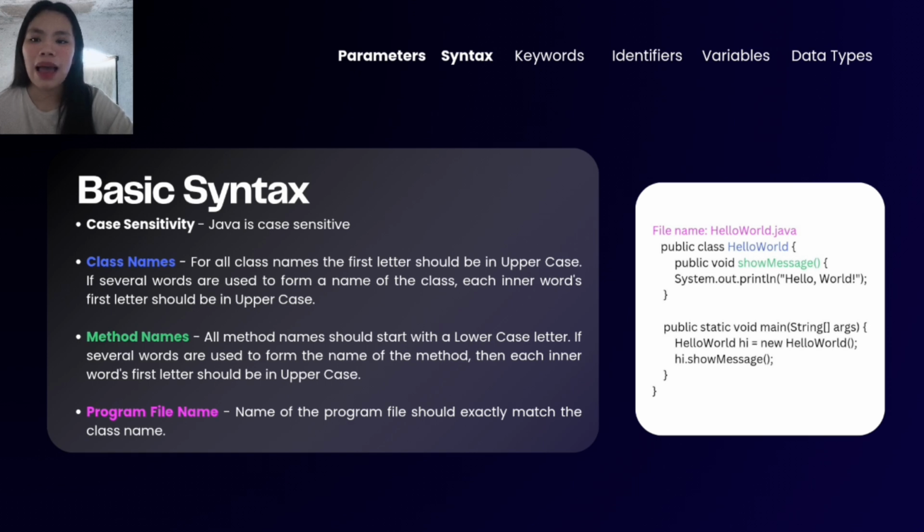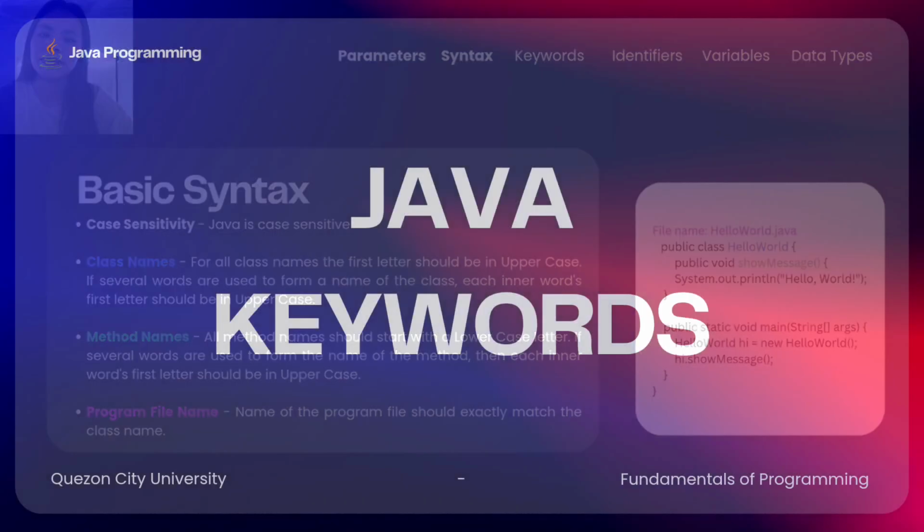Method names, on the other hand, should begin with a lowercase letter and use camel case if there are multiple words, such as showMessage in the example. Lastly, the program's file name must exactly match the class name, including capitalization. So since the class is named HelloWorld, the file must be saved as HelloWorld.java for the program to run correctly.